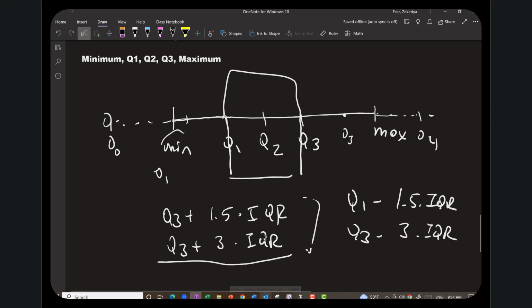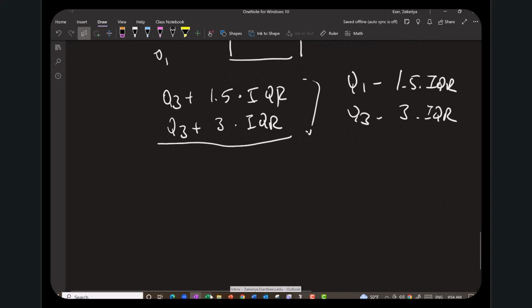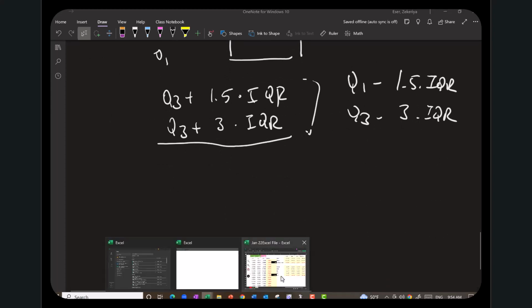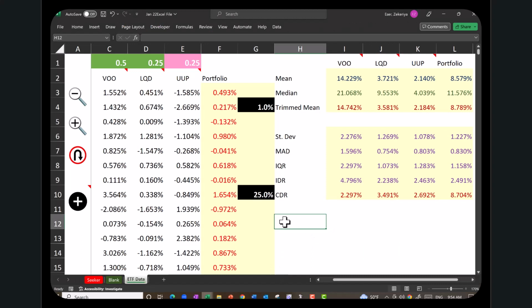So let's look at our data here, and let's calculate those to give us a rough idea about the tail behavior. We're going to talk more about those next week, but at least before I send you home today, let's get that. I have Q1, Q3.